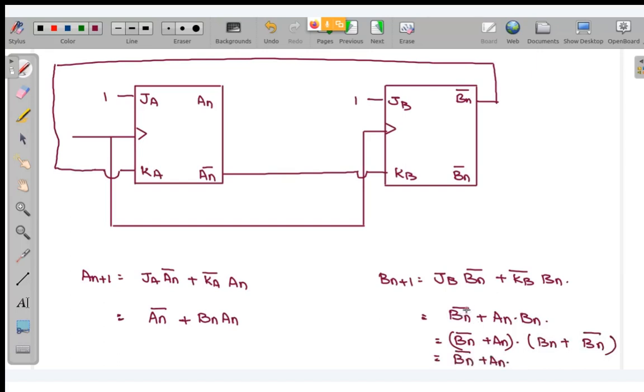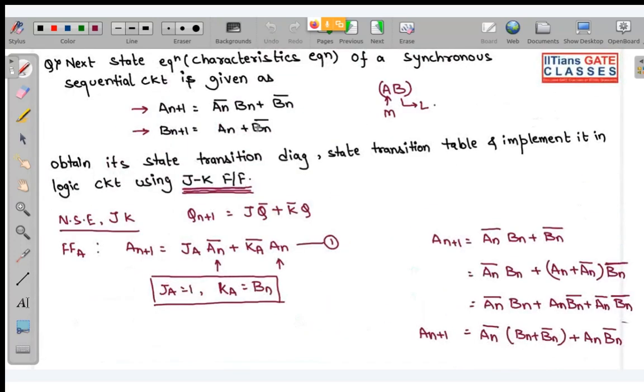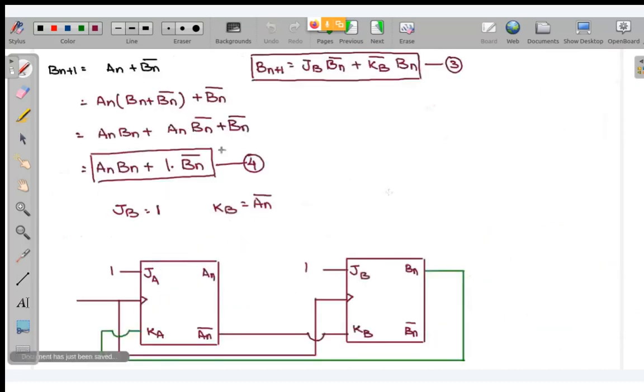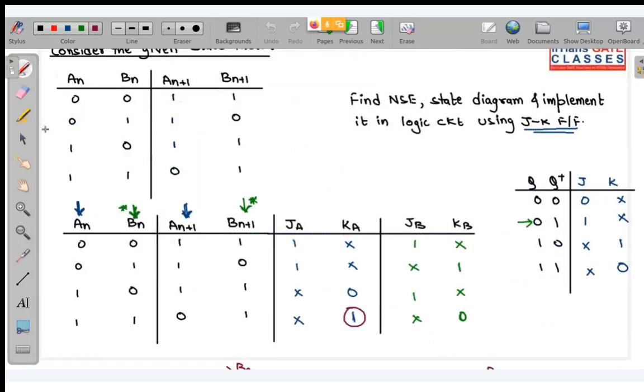So you can see basically this is like your earlier example only. I have taken the same question, just once I have given you this. In this question I have given you the next state equation, and in the second question I have given you the state transition table.